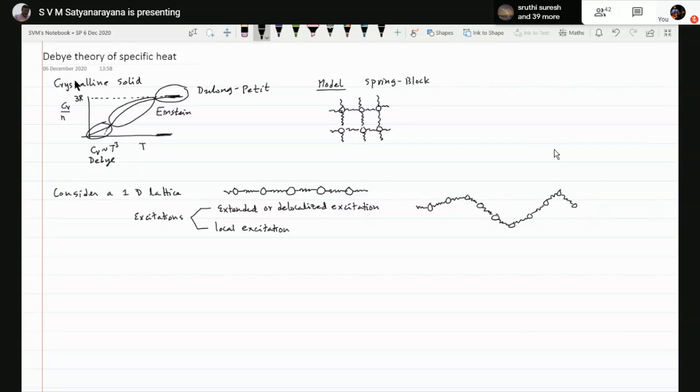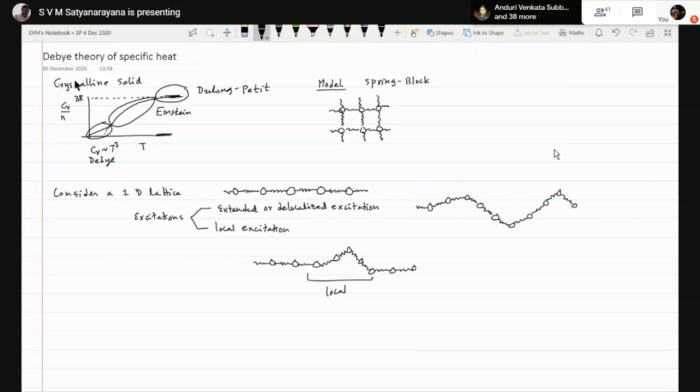And then a local excitation is something like this: you have all these atoms like this, but there is one atom here or two atoms here which are excited. So this is basically a local event. That means the other atoms are not disturbed much.